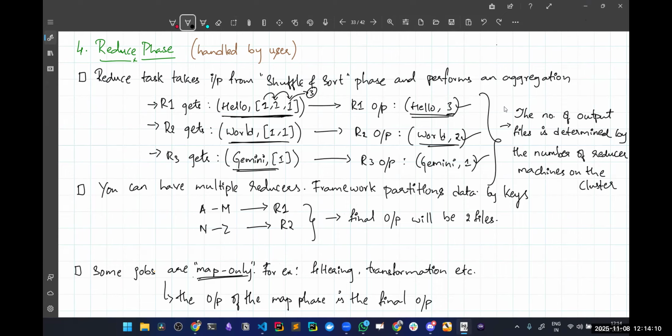Why do we want multiple reducers? If the data is less, one reducer can take it. But if the data is a lot more than the capacity of RAM, that becomes a problem, because when we read the data from the shuffle and sort phase, it goes into the one reducer and directly into RAM.